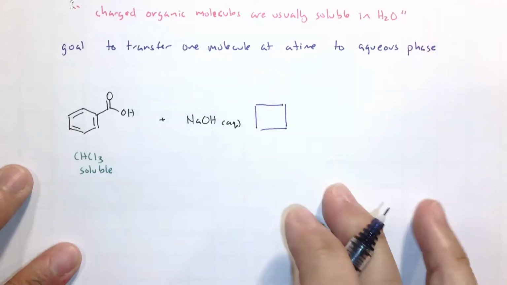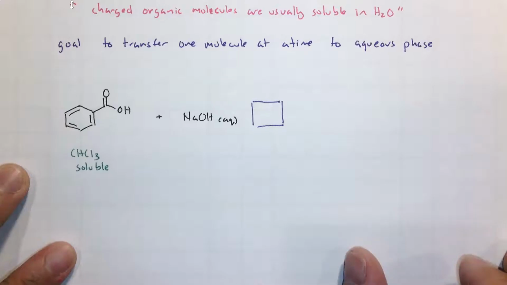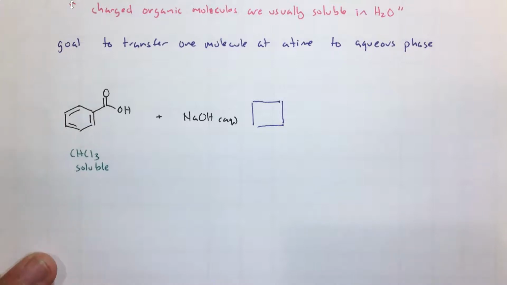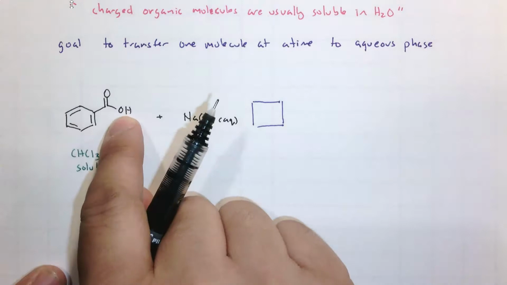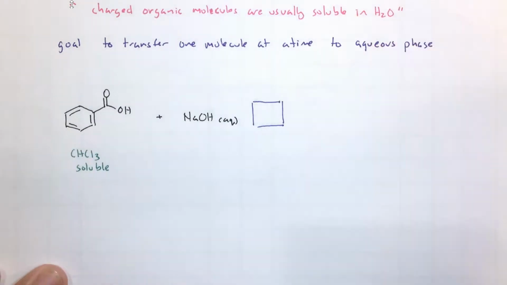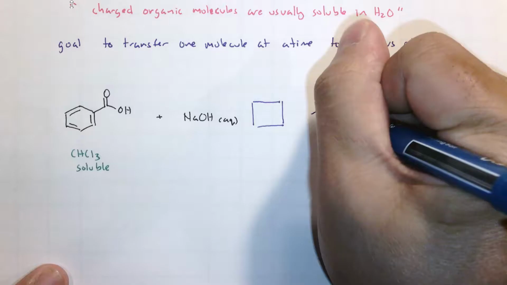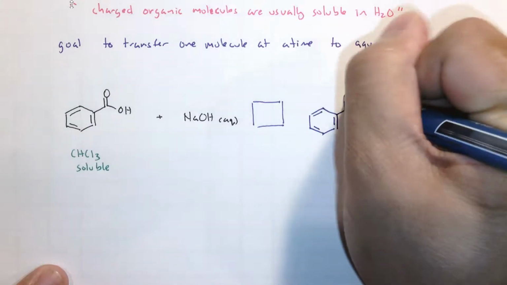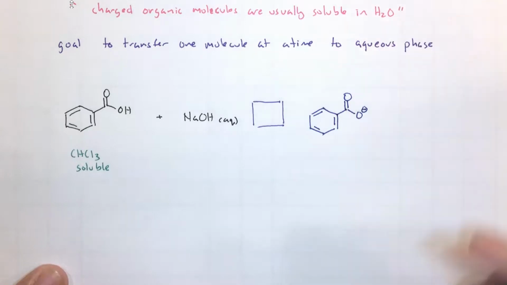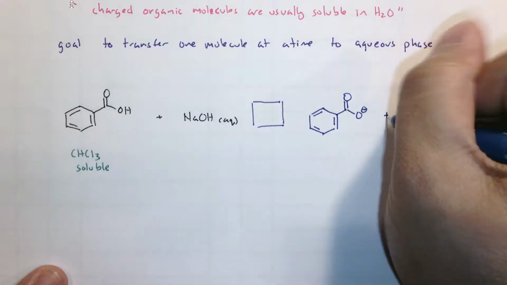We're going to put in the equilibrium arrow and decide whether it favors the right or the left in just a bit. Base, acidic proton. Therefore, your products are going to be the deprotonated acid. And what happens?